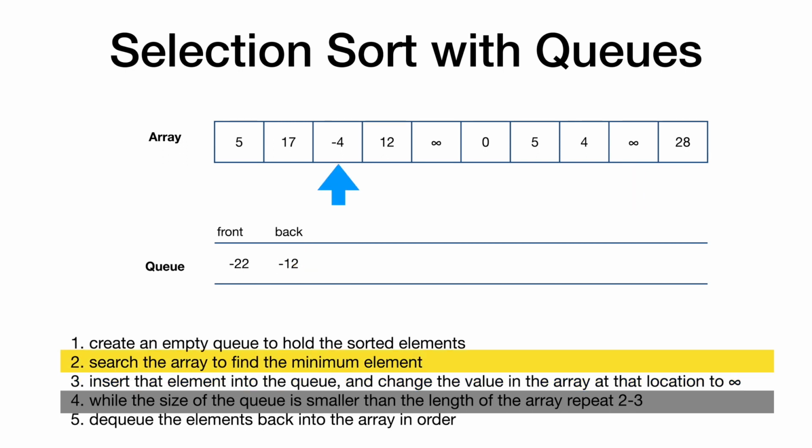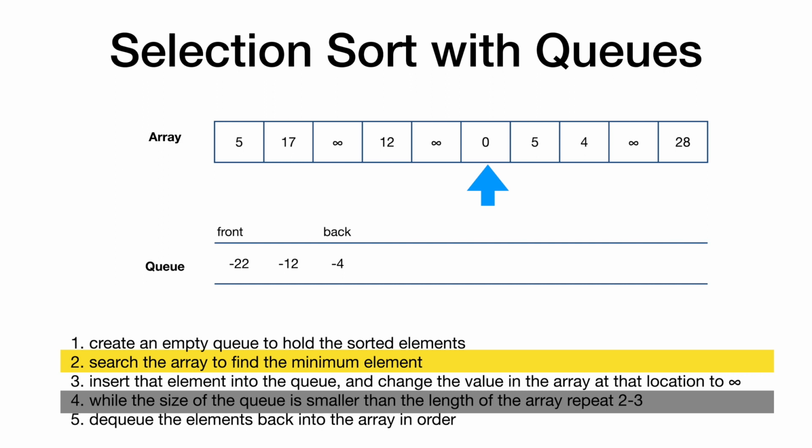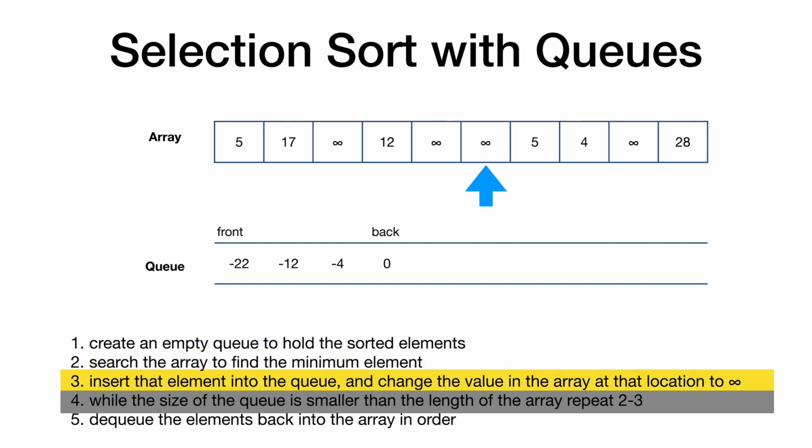Negative 4 is now our minimum element because we've replaced negative 22 and negative 12 with infinity, the biggest number possible. We replace it with infinity and add it to the queue. Next we find 0, replace it with infinity, add it to the queue. We do that with 4.